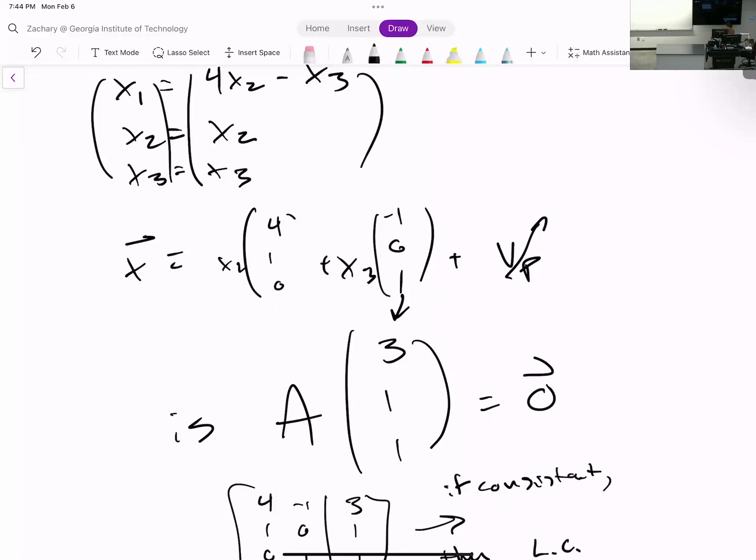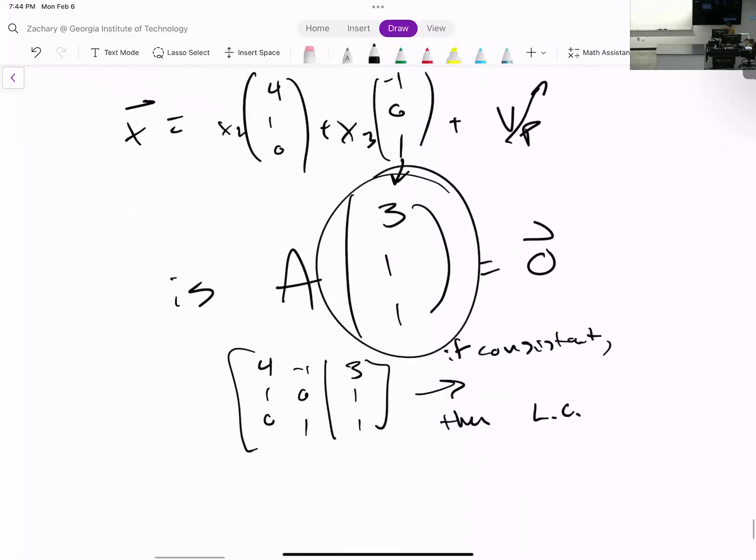So we can see if this (3, 1, 1) is on that plane, which means it is a solution, okay? And we do that by checking consistency. If you want to skip past the conceptual part, you can just slap it in a matrix and see if it's consistent, okay? And if it is, then it's a combination. If it's not, it's not, okay? Yeah.